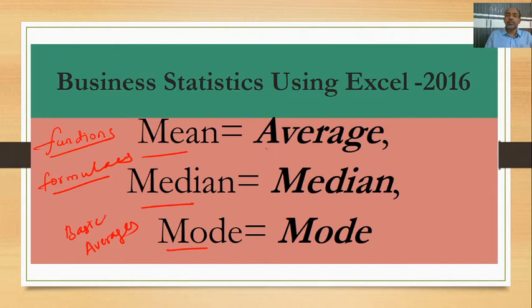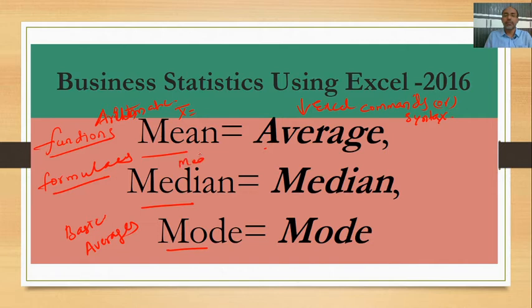These are Excel syntax or commands. AVERAGE is used for mean, that is arithmetic mean, AM or X bar.